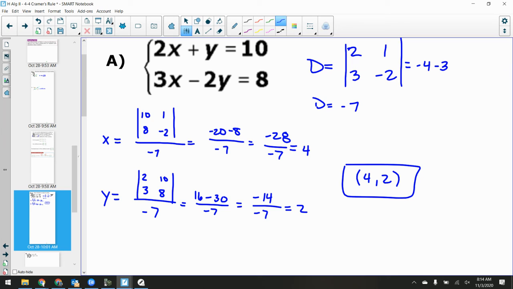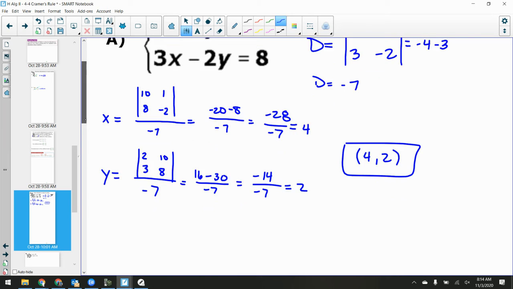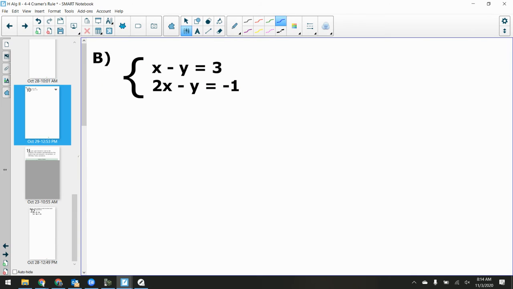Yes. Then there was no other way around it. Now, if you get your first determinant wrong like I did, then that's going to mess up your X and Y values. But X does not depend on Y. They are independent from one another. So it's kind of interesting that we don't need X to solve for Y or Y to solve for X. Okay, let's do another one of these.